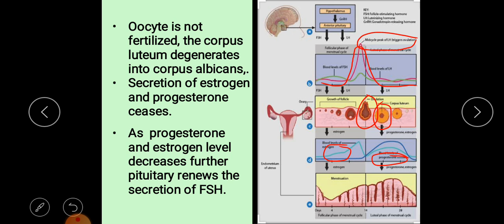It develops the endometrium wall, and the progesterone maintains that endometrium wall thickening. It also does some basic processes, like inhibiting the contraction of the muscle inside the uterus, and it also inhibits the secondary follicles.